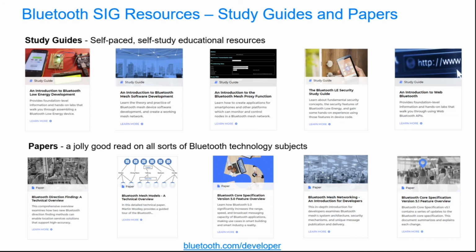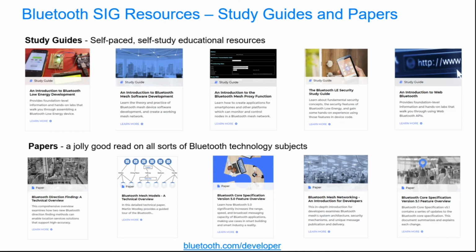Some of my favorites are on screen there. They almost always have some hands-on development projects in there amidst all the theory, so you get to learn by doing and consolidate your understanding by actually writing some code, maybe building a device as well.